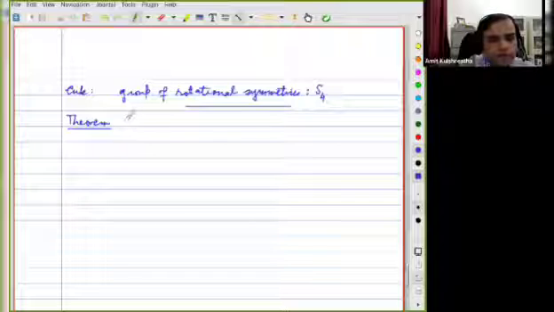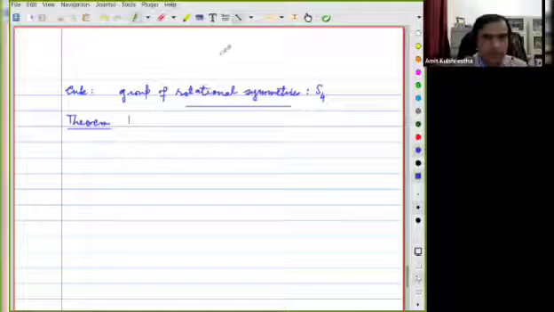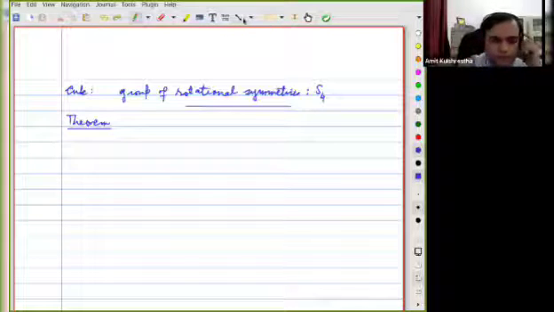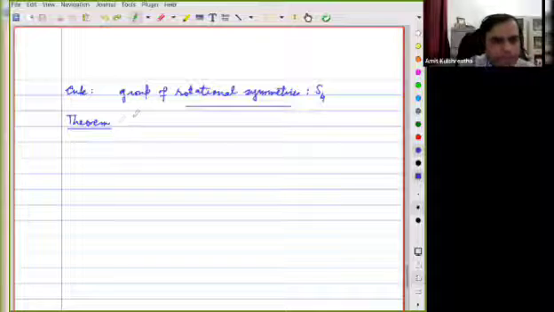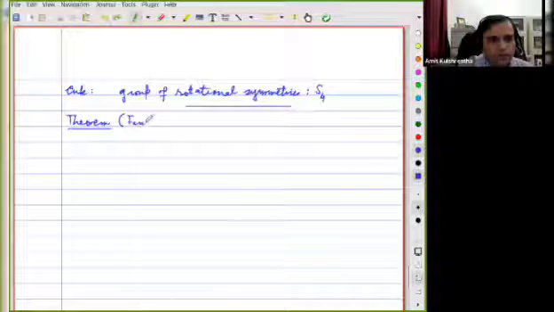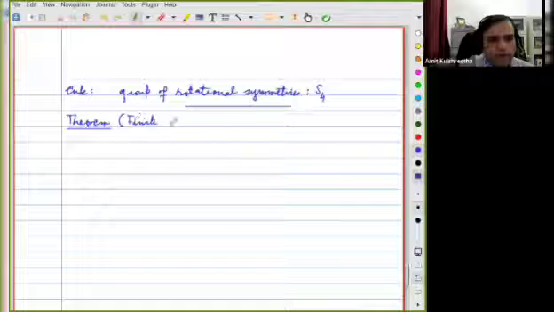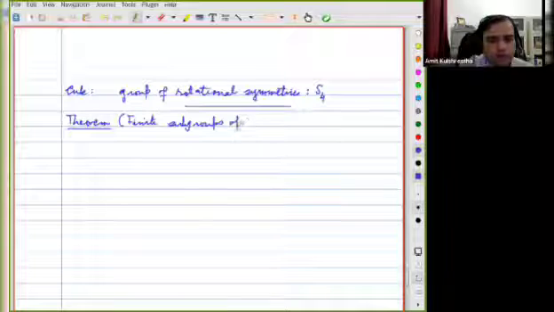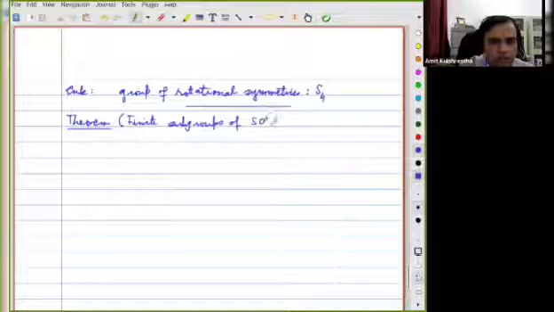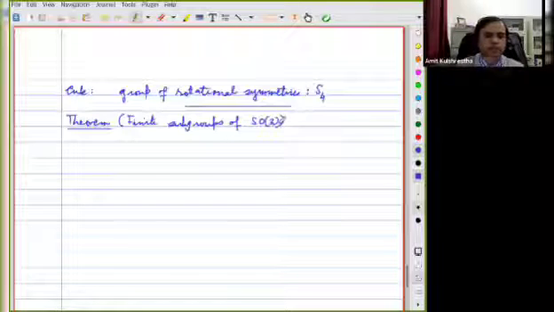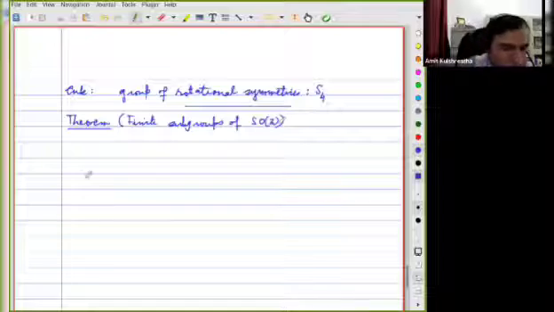So this theorem could be named as the classification of finite subgroups of SO3. SO3 is all possible rotations, or maybe rotations of a sphere.